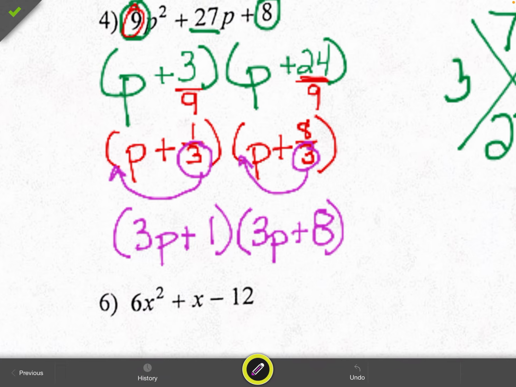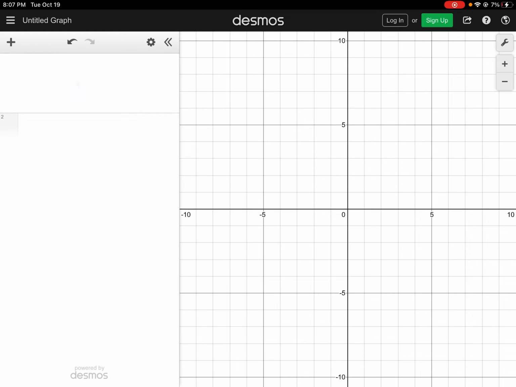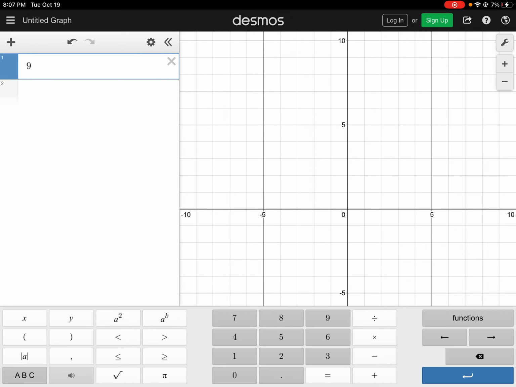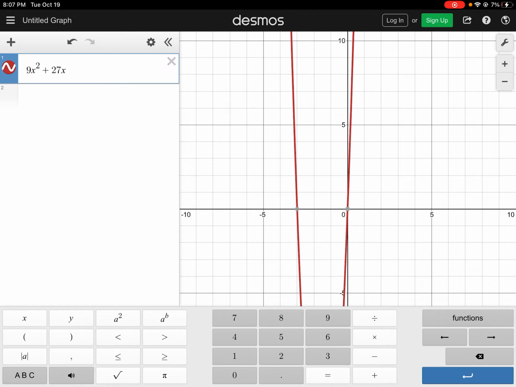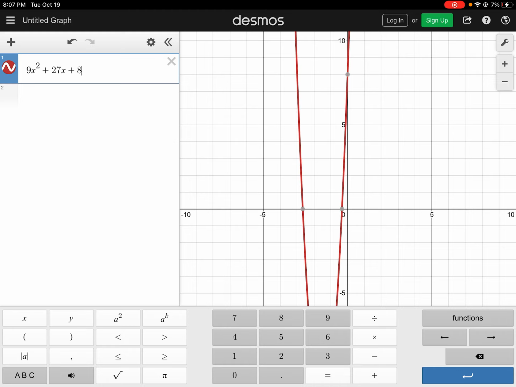Now, again, you need to check this in Desmos. You can't eyeball this and go, yeah, it's right. I know it's right. You need to check it in Desmos. Sometimes with the bigger numbers, use x. So 9x squared plus 27x plus 8.